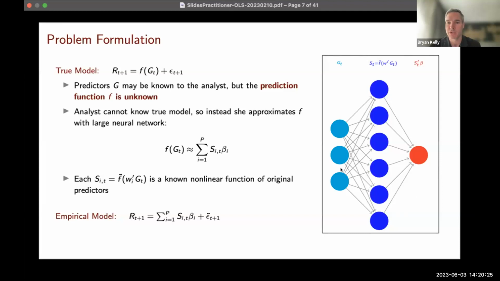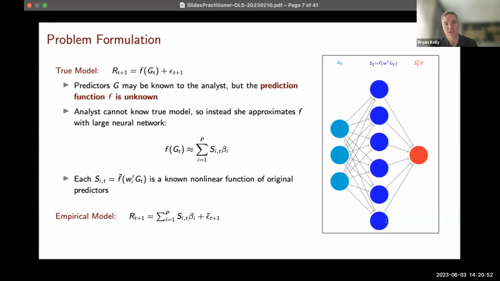I've taken my original data and expanded it out nonlinearly, but the final step in a neural network, the final step in one of these approximation models, is simply to run a regression. Run a regression of my target variable, the market return, on all of these nonlinear basis functions that I've built. That would be the way typical analysts these days would approach this prediction problem.